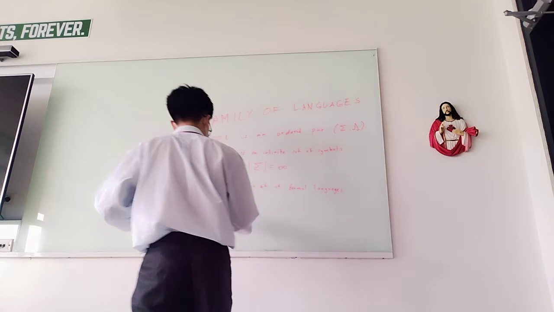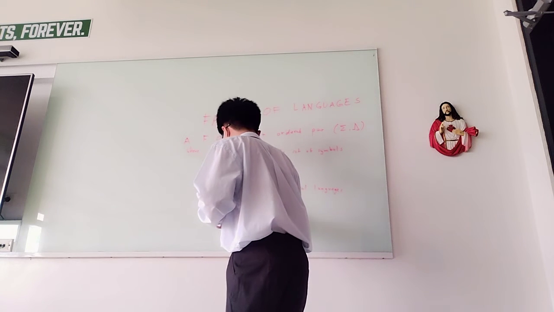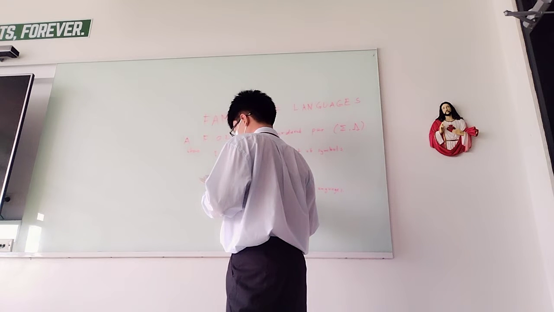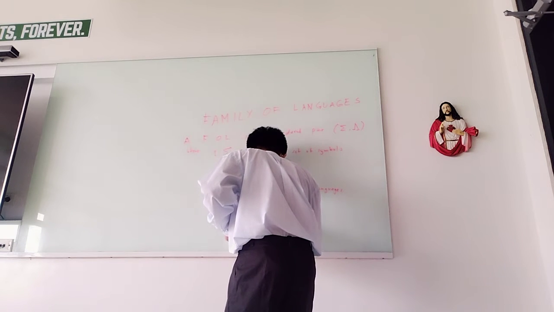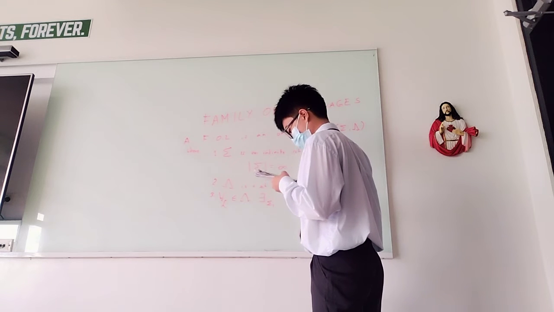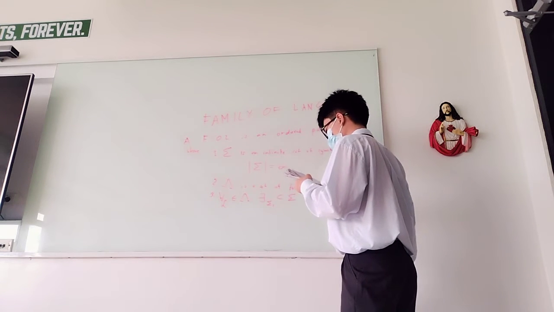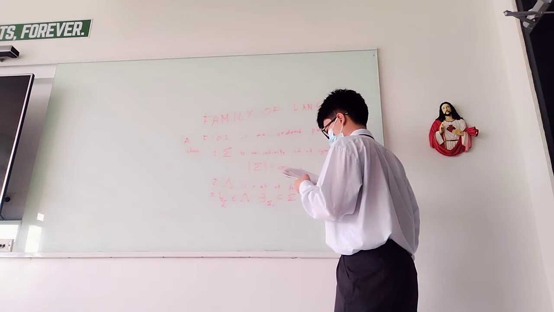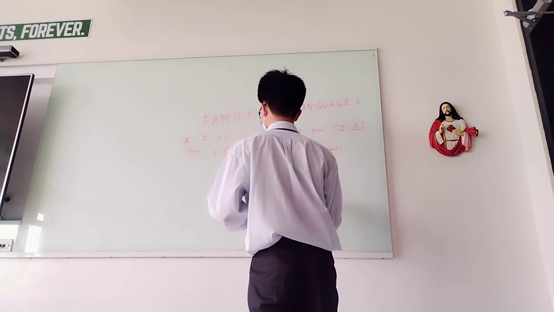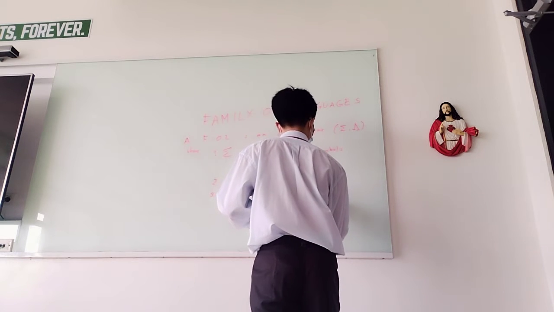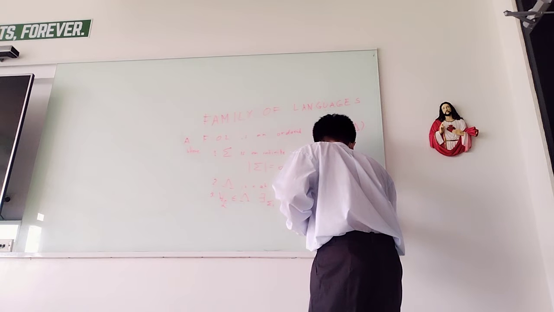For each L, so maybe for all L, inside capital alpha, there exists an infinite subset, sigma 1, a subset of regular sigma, such that L is a subset of the concatenation of sigma 1.